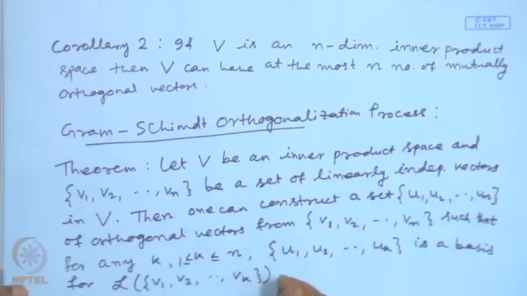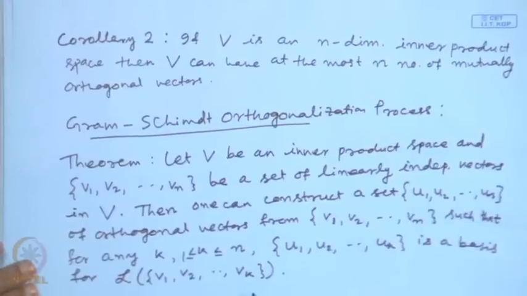Or in other words, these vectors u1, u2, uk depend on the vectors v1, v2 to vk. This is true for any k from 1 to n.